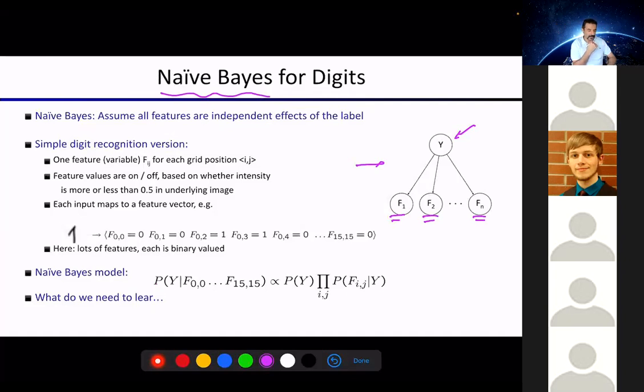And all of these variables, you can think about them as some sort of probability distributions, right?